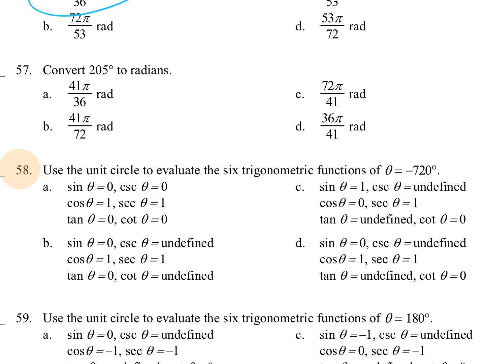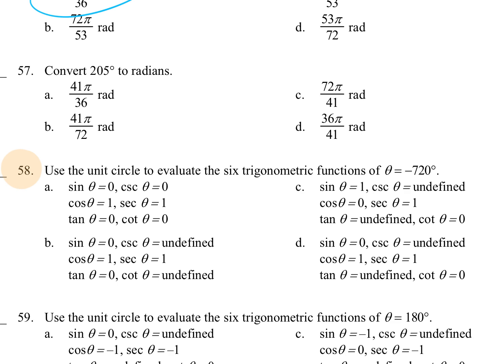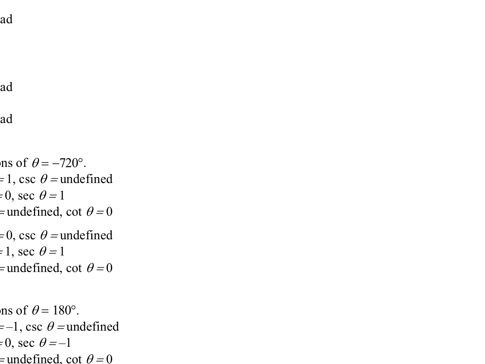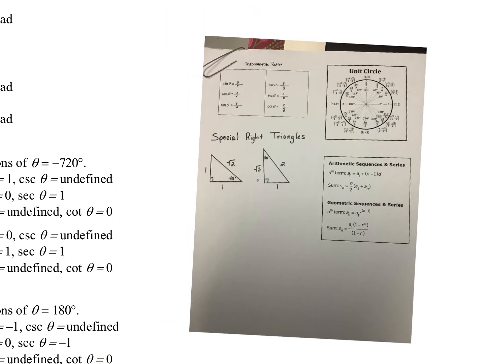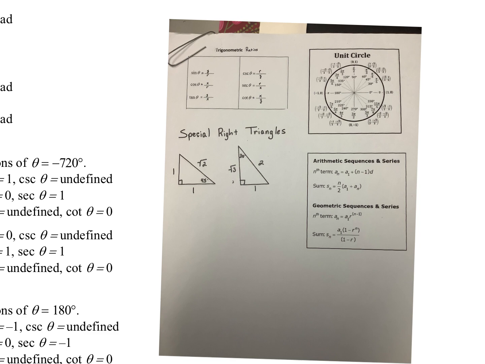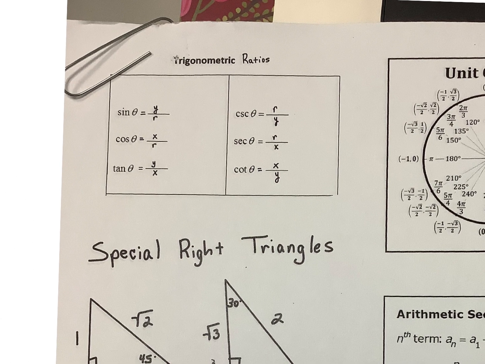For 58, it says use the unit circle to evaluate the 6 trig functions of negative 720. So I'm going to put the unit circle on here. You guys will get the unit circle on the final. This is going to be the formula sheet that you guys get for the final. So it'll give you your trig ratios. So it'll tell you sine is y over r.